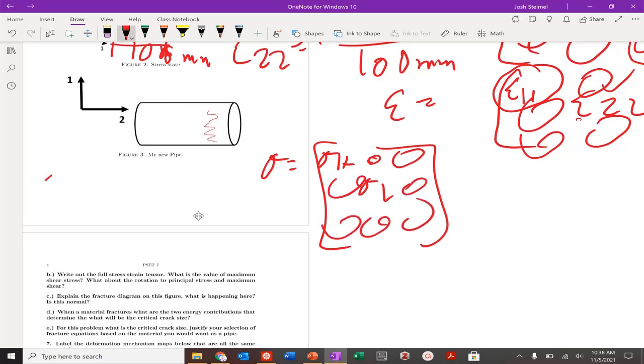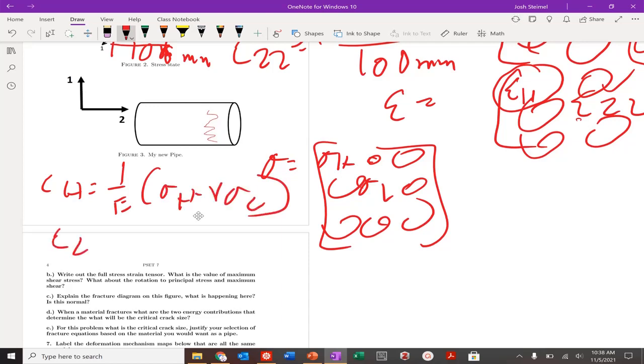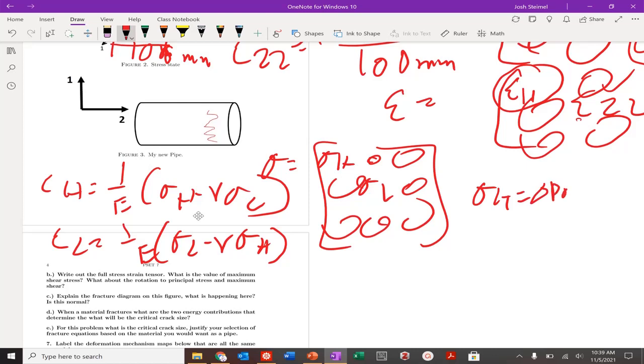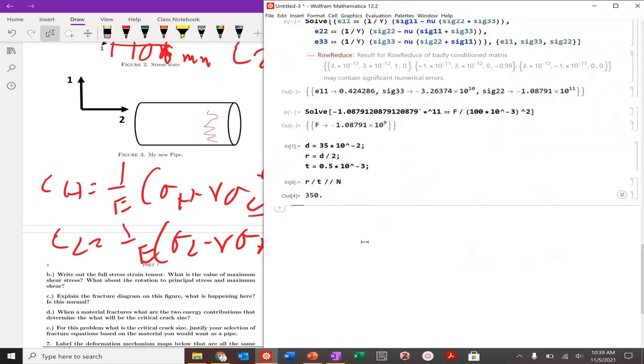If I want to find my hoop strain, it is going to be equal to 1 over E times sigma H minus nu times sigma L. My strain in the L direction is going to be equal to 1 over E times sigma L minus nu times sigma H. And I know that my sigma H is equal to delta P R over T, and my sigma H is equal to 2 times sigma L. So I'm going to go ahead and write this expression right now.